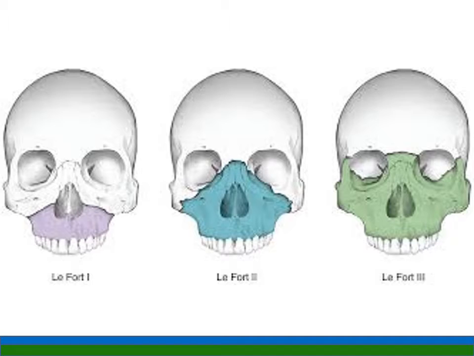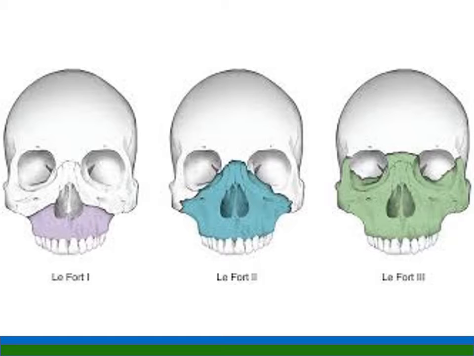That is, if the patient is in the casualty and you are able to move the incisors with your hand and there is a movement of the maxilla without the movement of the head, that means this is a Lefort 1.